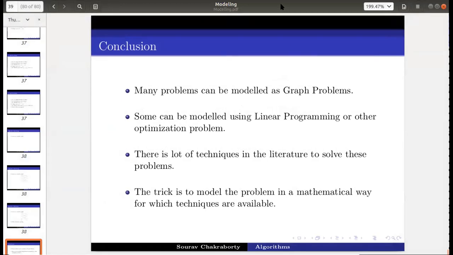Let me just stop the share screen. Yeah, so is there anybody who has a doubt? Please feel free to speak up, if something is unclear, or maybe I was not audible, maybe there is some issue of internet connectivity. Anybody?